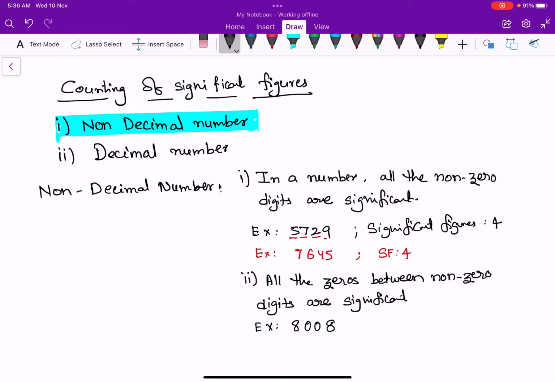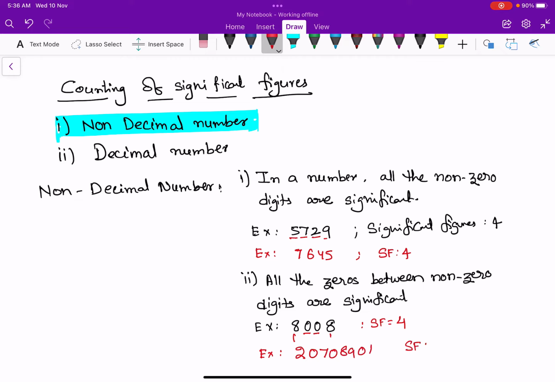These zeros exist between non-zeros. So how many significant figures are there? We will count all of them. 4, zeros are also counted. Next, 20708901.